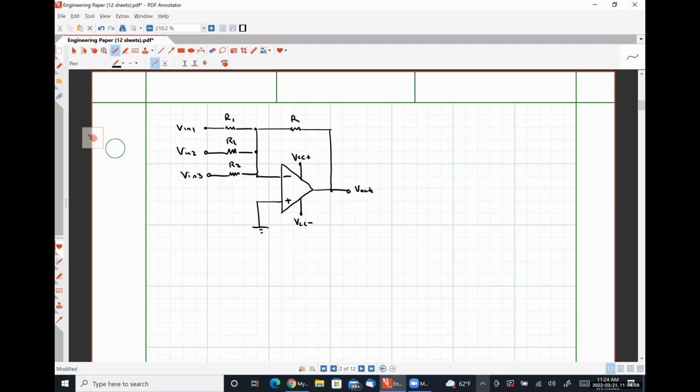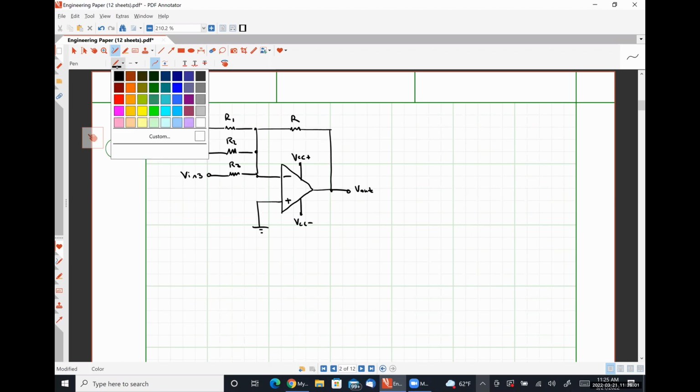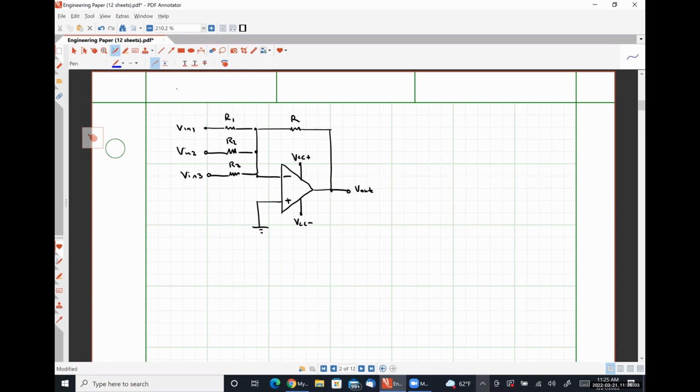Okay. So for our analysis, we're literally going to do the exact same thing. We know that this current is 0 amps. We know that this current is 0 amps. By inspection, we can see that the voltage present at the non-inverting input terminal is 0 volts, which means the voltage present at the inverting input terminal must also be 0 volts.